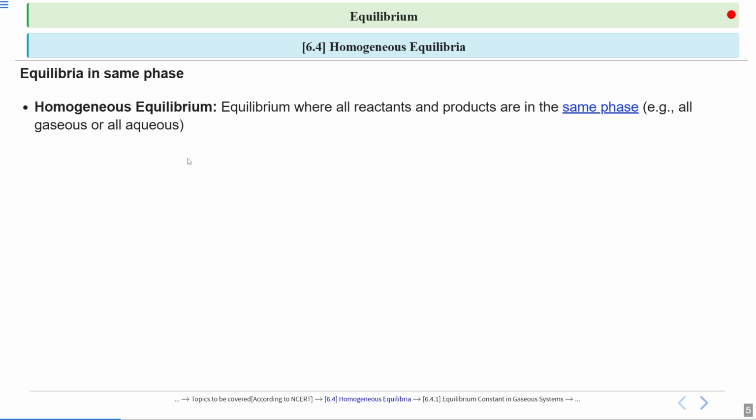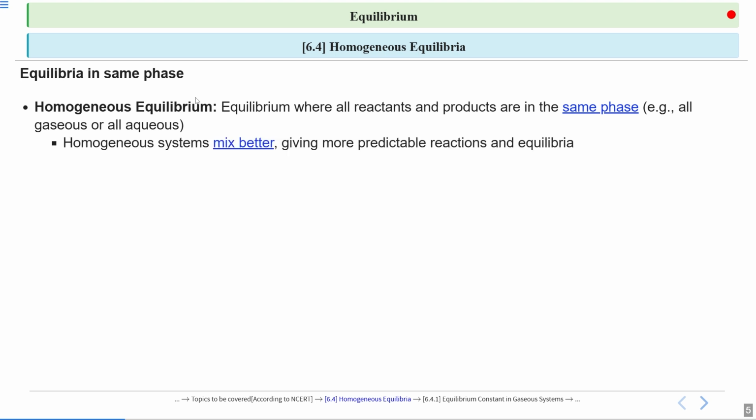Suppose the phase of the mixture is gaseous, then all your reactants and products will be present in the gaseous state only. So all the species will be present in the same phase. The same is true for homogeneous aqueous equilibrium.